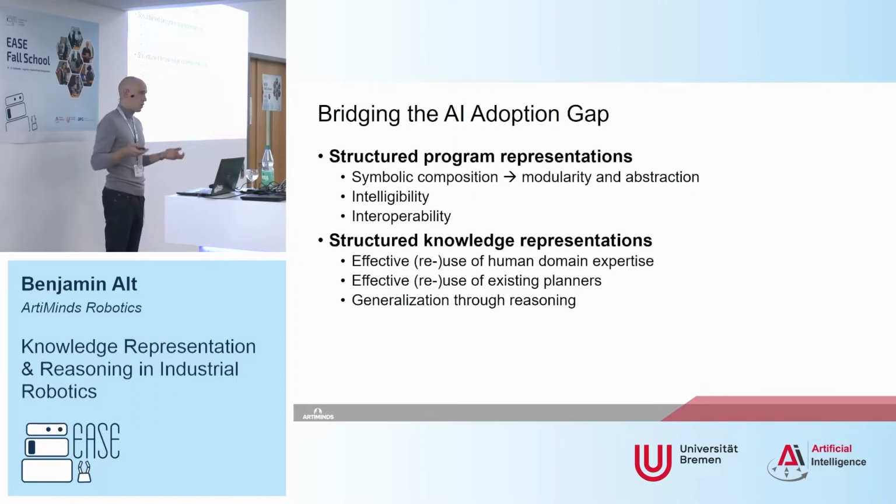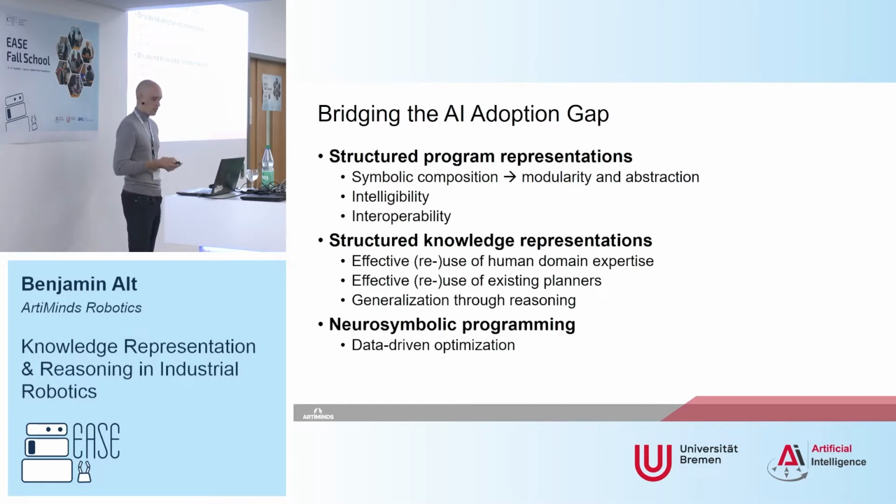And we want to use structured knowledge representations like knowledge graphs, ontologies, etc., because this way we can effectively reuse human expertise, existing planners, and we can generalize through reasoning, rather than hoping to generalize through model size and amount of data, which both of these things are a bit problematic in the industrial context.